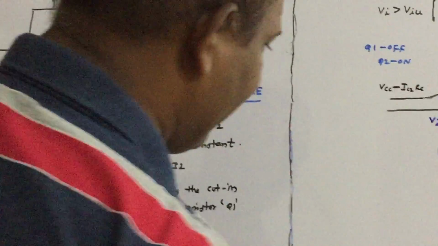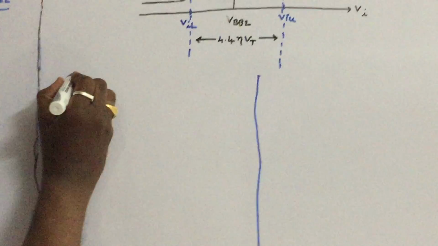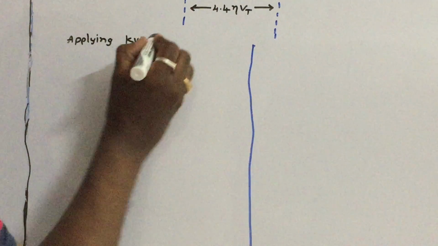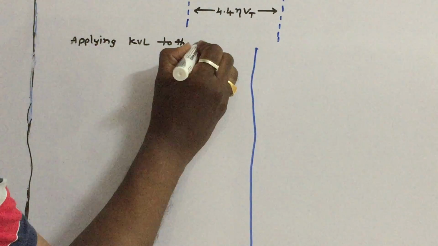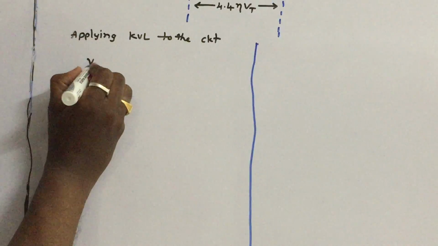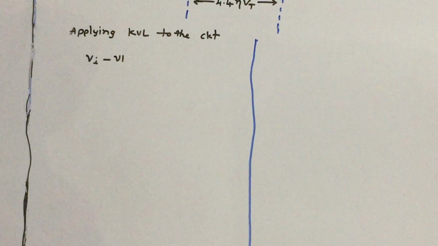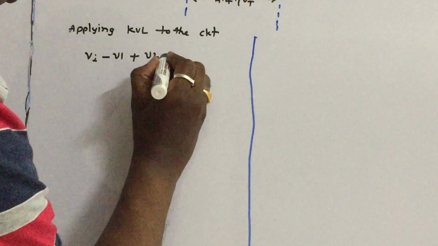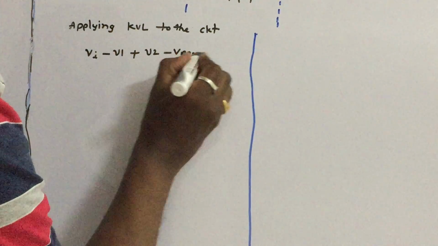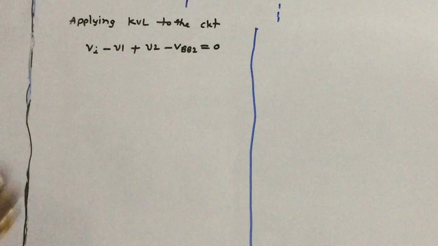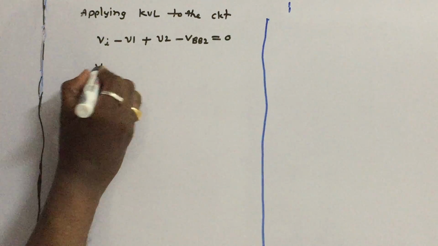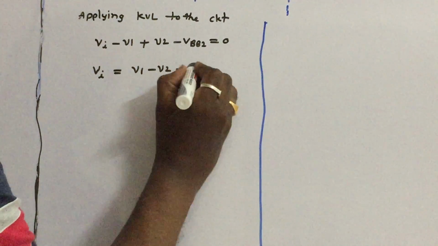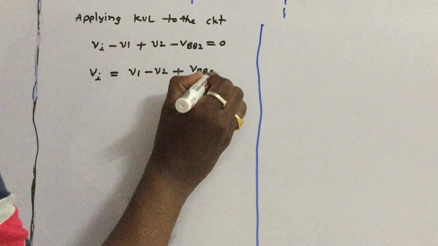Remember that. Applying Kirchhoff's voltage law to the circuit, we can write VI minus V1, the base-emitter voltage of transistor Q1, plus V2, the base-emitter voltage of transistor Q2, minus VBB2 is equal to 0. I want the input voltage VI, so VI equals V1 minus V2 plus VBB2.